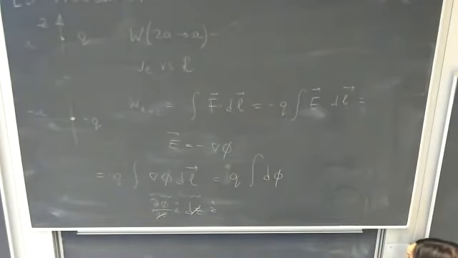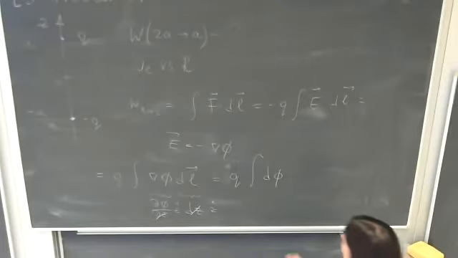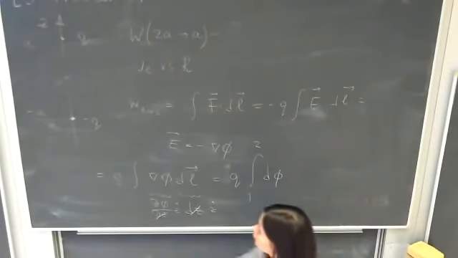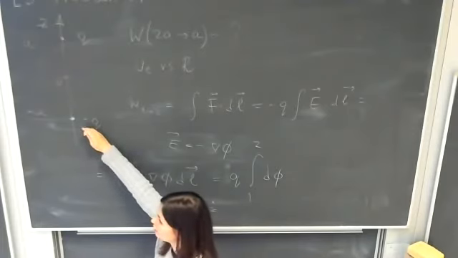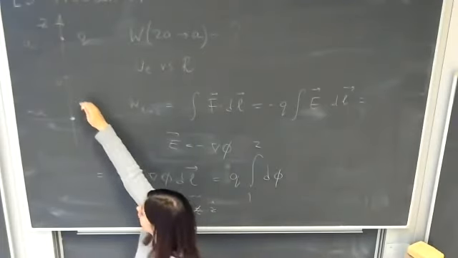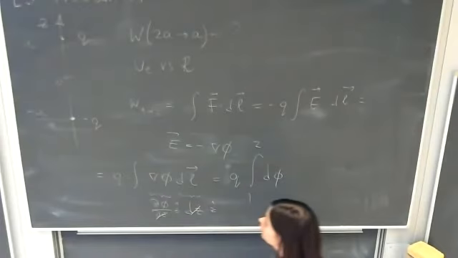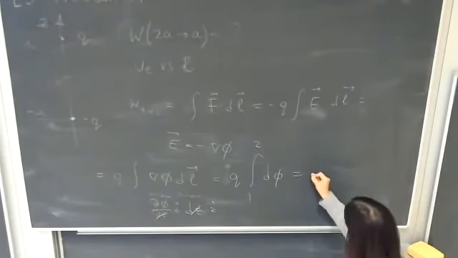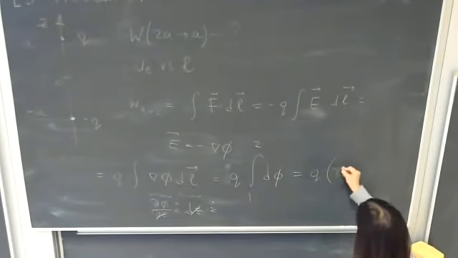And this d phi would be between the two location points, 1 and 2. So from the original point where the charge was, to where it's brought by the work.